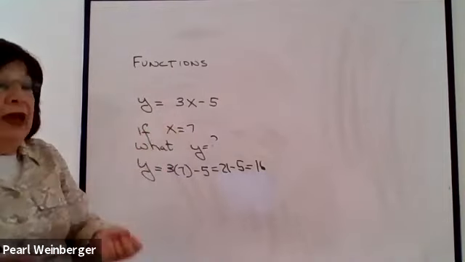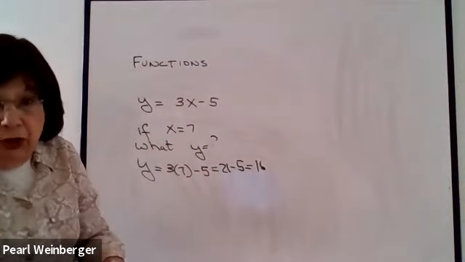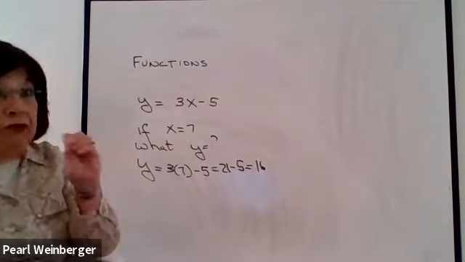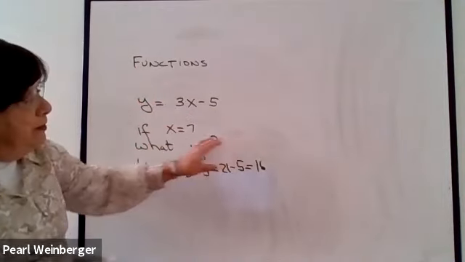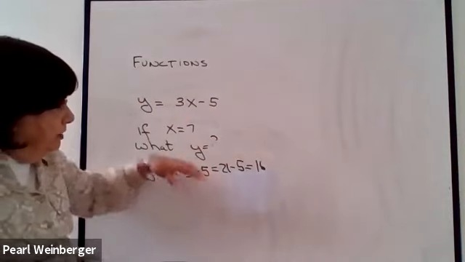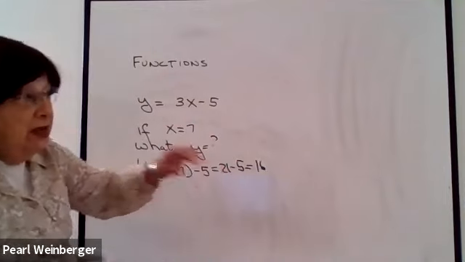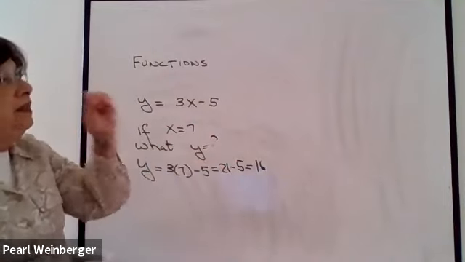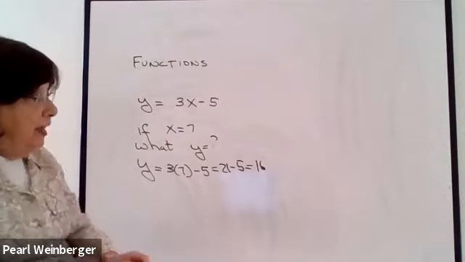X could be 7, x could be negative 100, x could be the square root of 72 if you want some strange number. But once you pick that value for x, then the y is determined. Then your y can't be anything. Your y, in this case, if I pick the x to be 7, the only value y could be is 16. That's why y is the dependent variable. It depends on the value of the x.